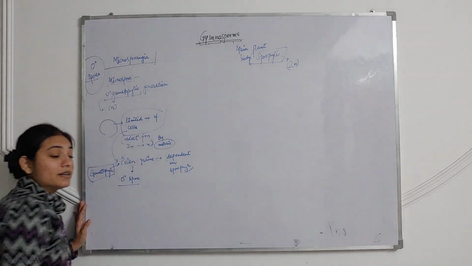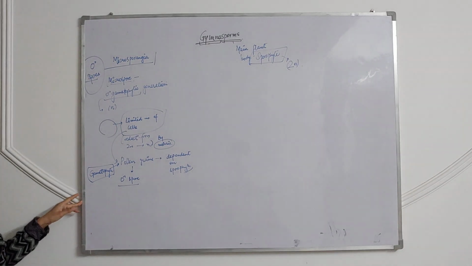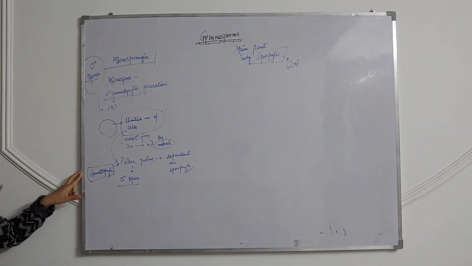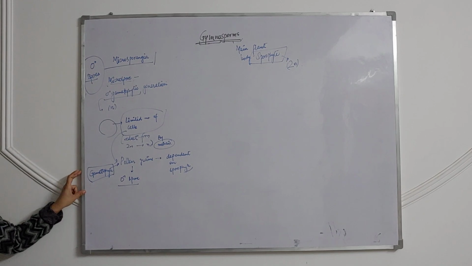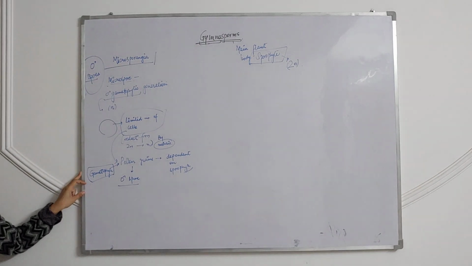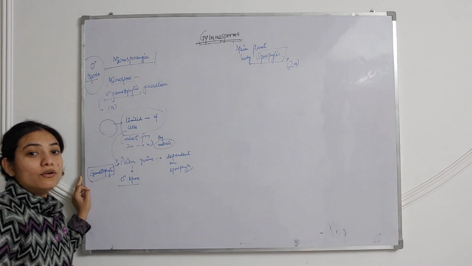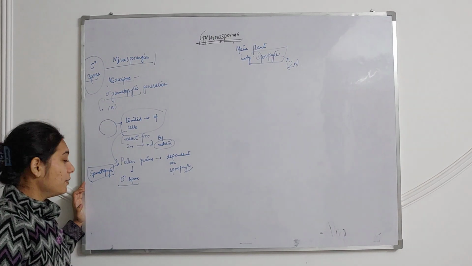Whereas in earlier cases, like bryophytes and pteridophytes, the main plant body is the gametophyte, and the sporophyte is individual, not dependent on the gametophyte.